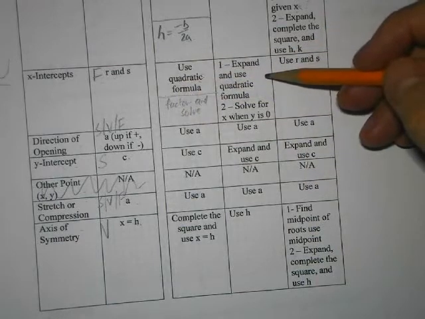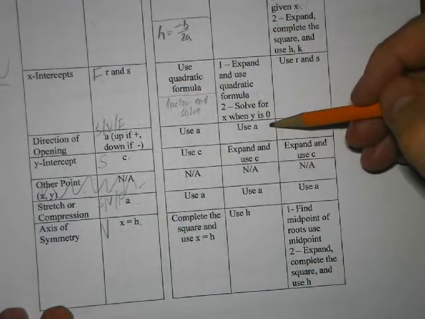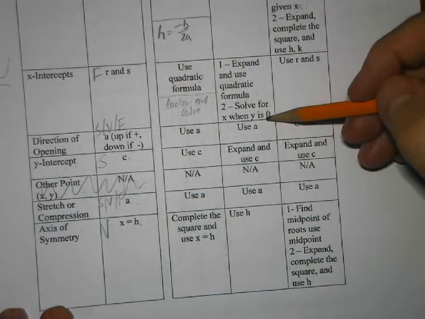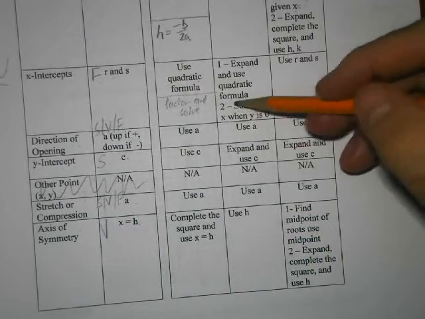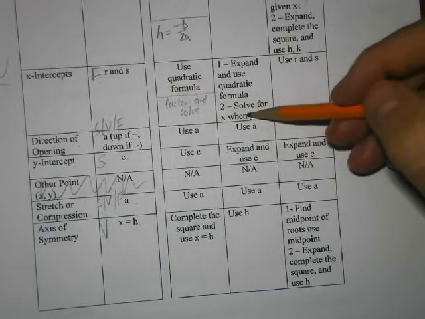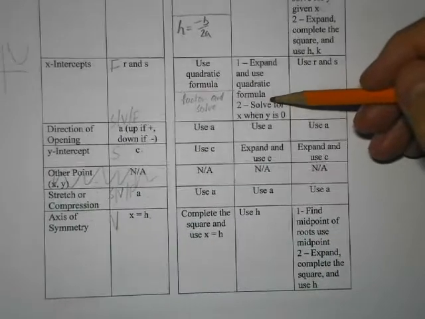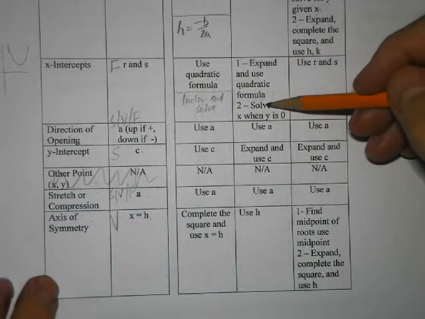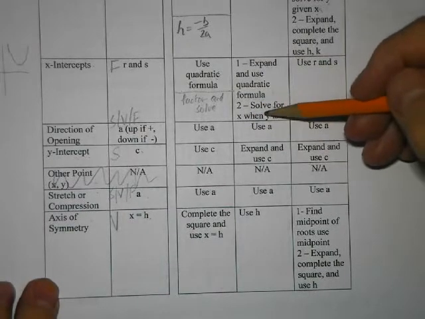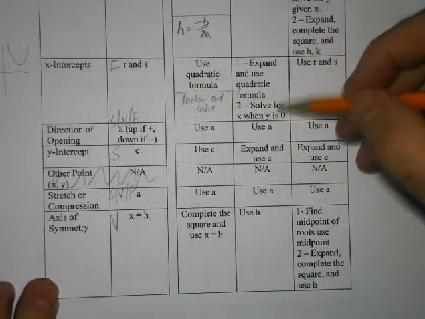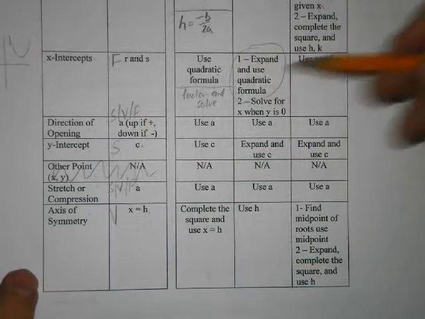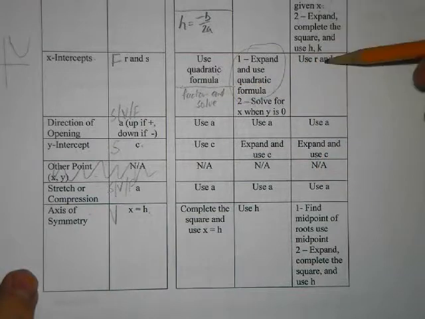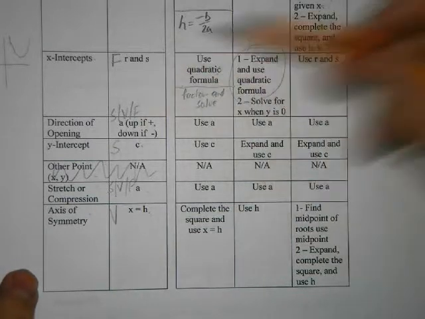The other way to do it is you set y equals 0 and solve. We haven't done that very often. I'm going to show you how to do that, well, maybe at the end of the next lesson, not today, but you definitely have this as your option: expand and use the quadratic formula. Now, the third one, factored form, that's ideal for getting x-intercepts.